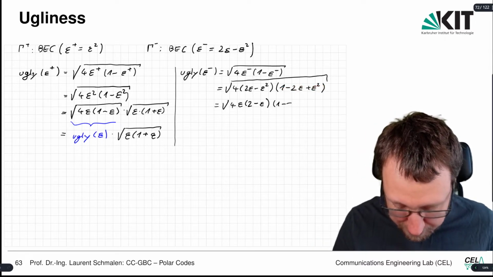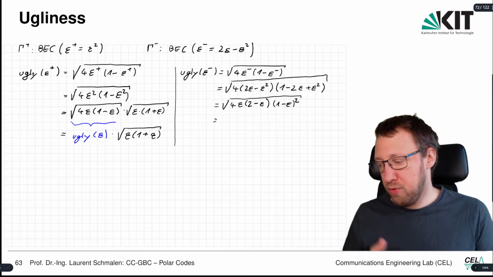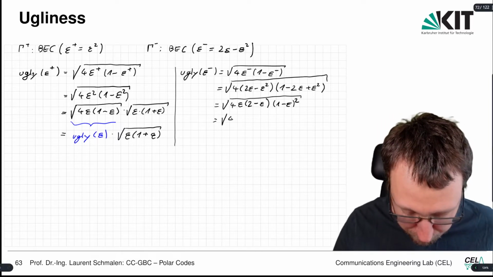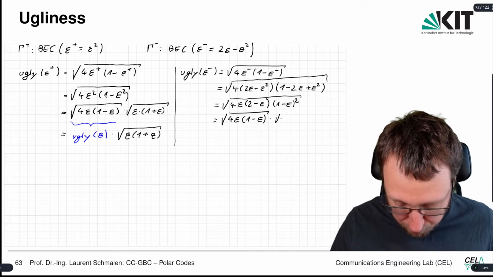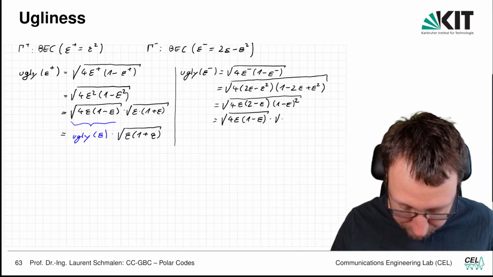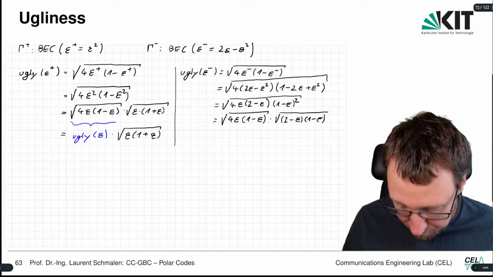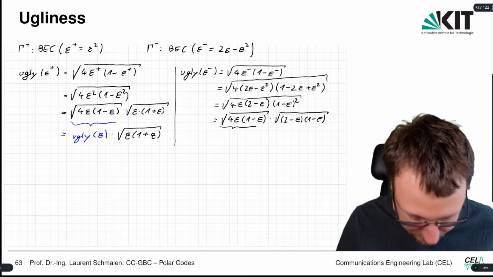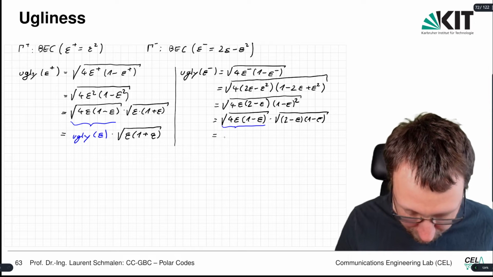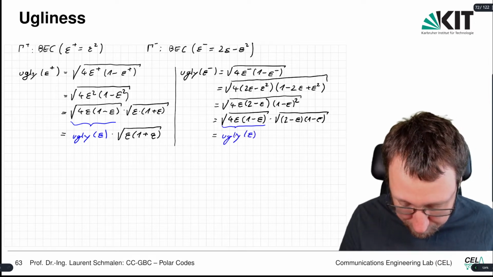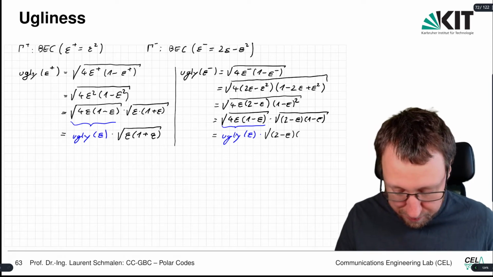Now again, we rewrite this a little bit. This is equal to 4 times epsilon times 1 minus epsilon times the square root of 2 minus epsilon times 1 minus epsilon. And again, this is equal to the ugliness of the original channel, epsilon, times a factor, which is now the square root of 2 minus epsilon times 1 minus epsilon.